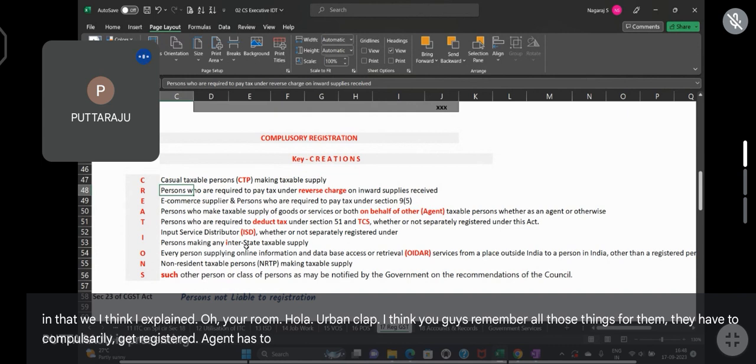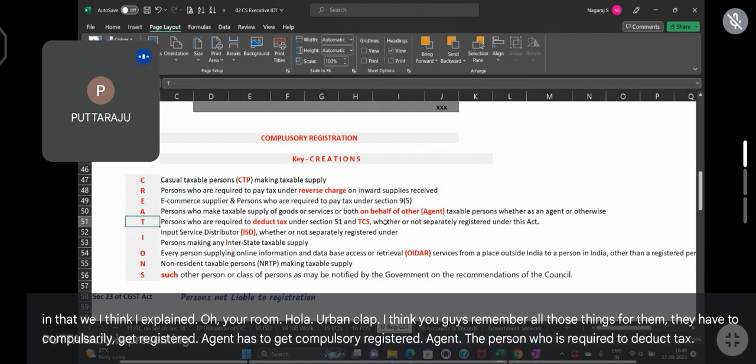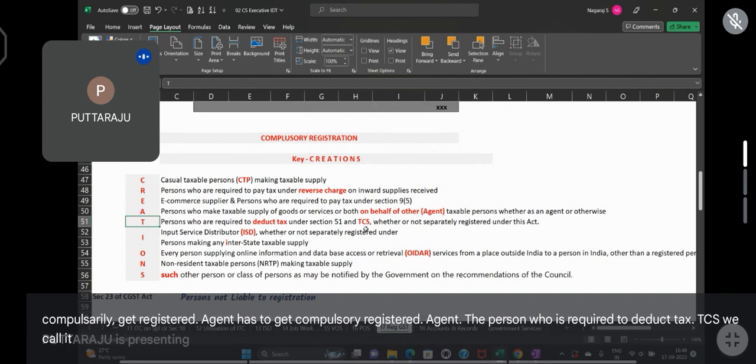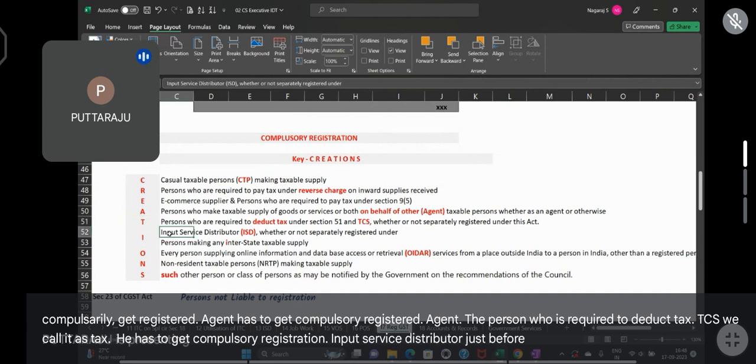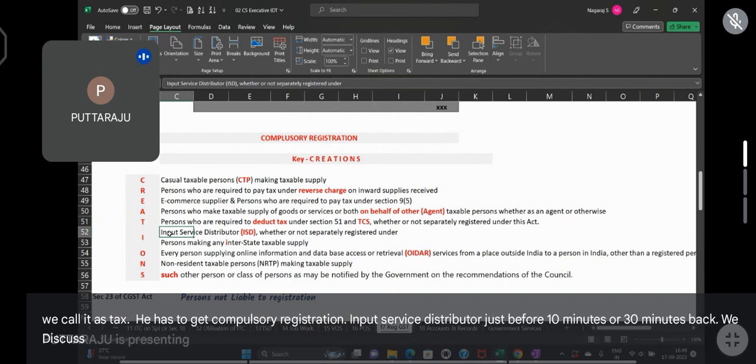Agent has to get compulsorily registered. The person who is required to deduct tax, TDS, or collect tax, TCS, has to get compulsory registration. Input service distributor, which we discussed just before, has to get compulsory registration.